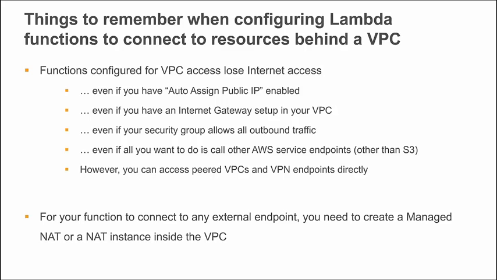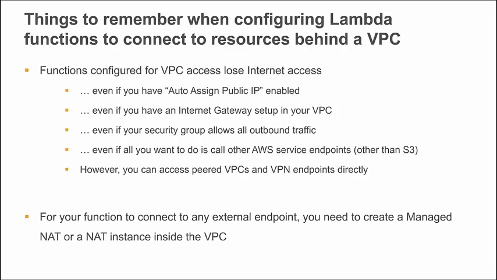And internet includes other service endpoints. If all you want to do is connect to DynamoDB, that still counts as an internet call, and you will not be able to make this call directly out of the box. What will work is peered VPCs, and your extended VPN endpoints can be accessed directly through the Lambda function without any other extra settings.